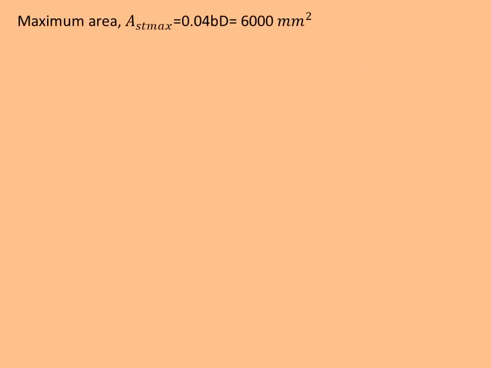Next we find the maximum area. AST max is equal to 0.04 B into overall depth, which we get as 6000 millimeter square. It satisfies the condition AST minimum less than AST provided less than AST max. Hence this design is safe.